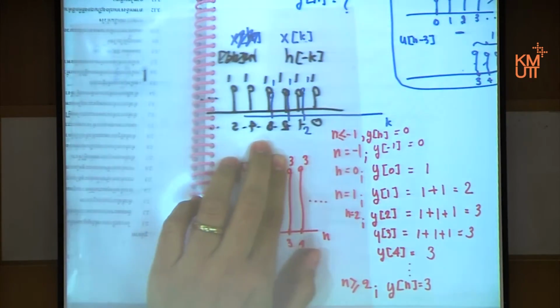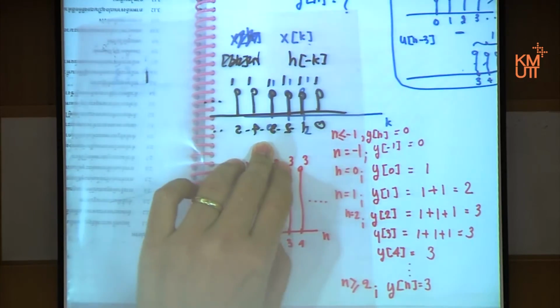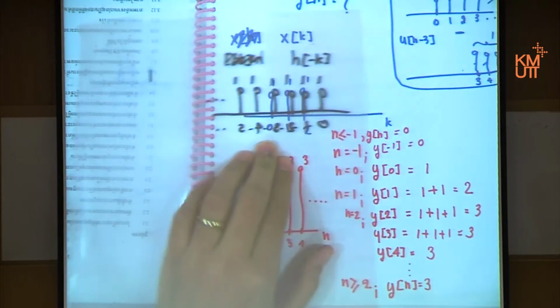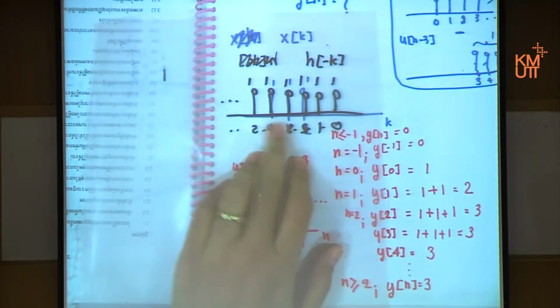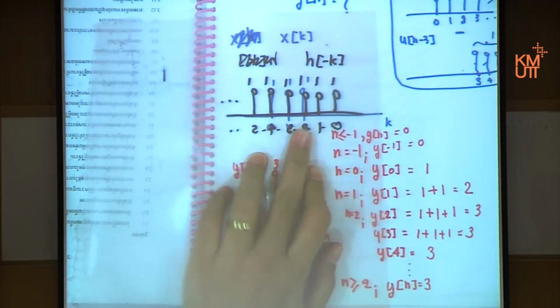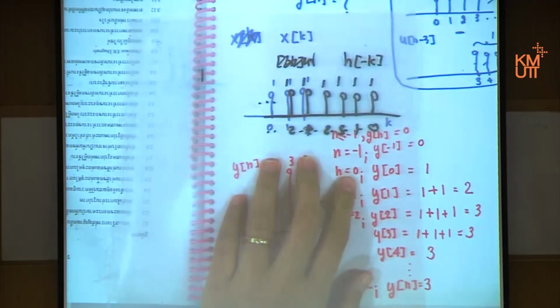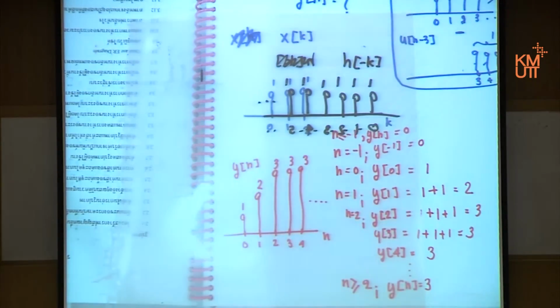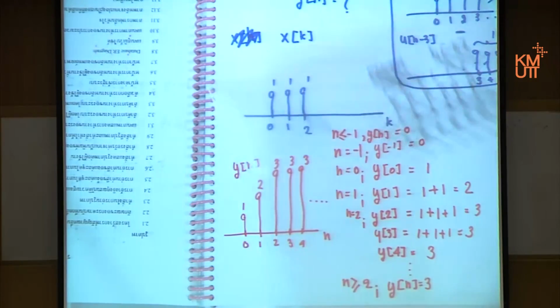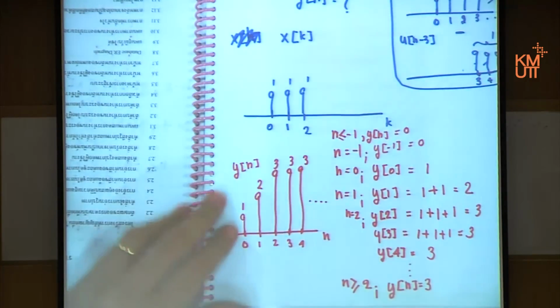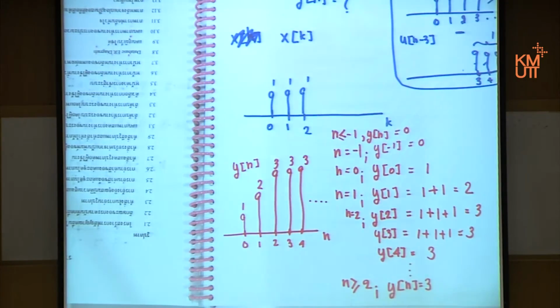When you move again, y[3] is still 1, 1, 1. y[4], 1, 1, 1, 3 overlappings. y[5], 1, 1, 1. You still get 3 overlappings, so the result will look like this. Is this clearer? Do you understand the steps?